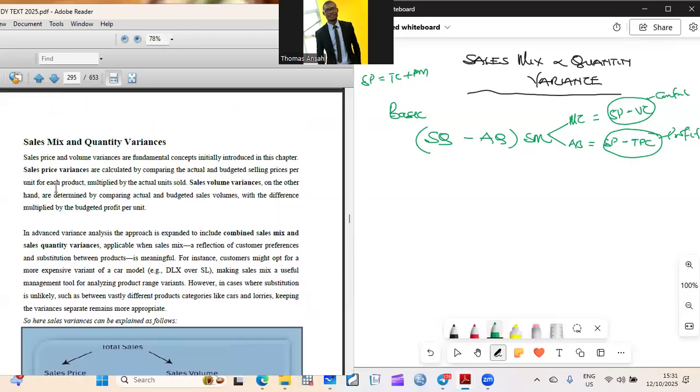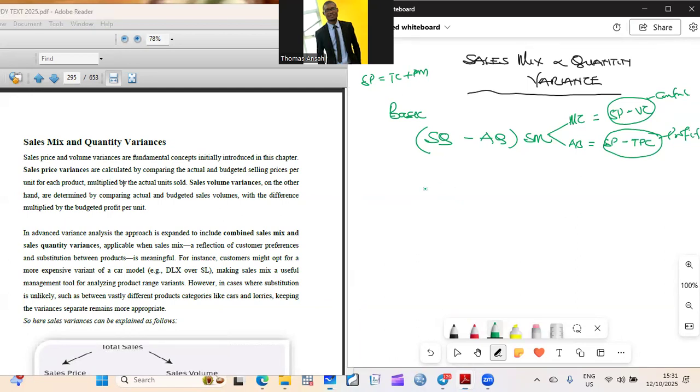We learned that selling price and volume variances are fundamental concepts. We did that in the basic. So we did sales price variance, which needs the standard price, the budgeted price, minus the actual price.